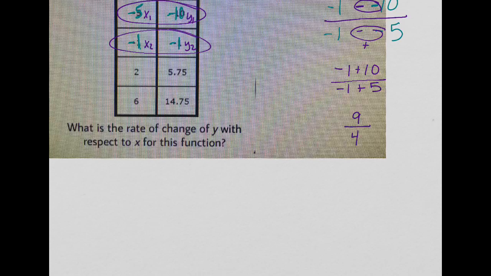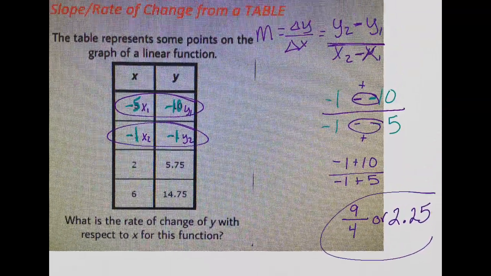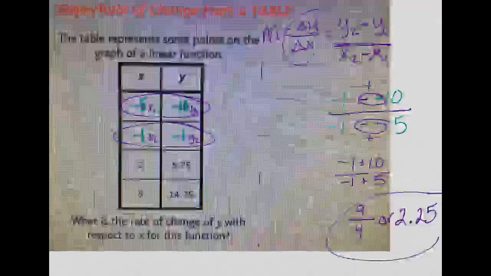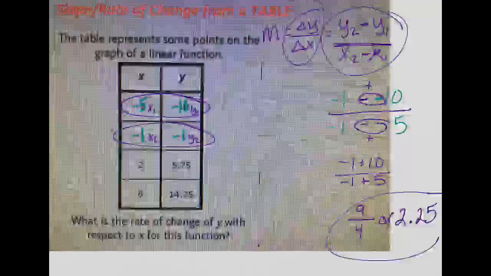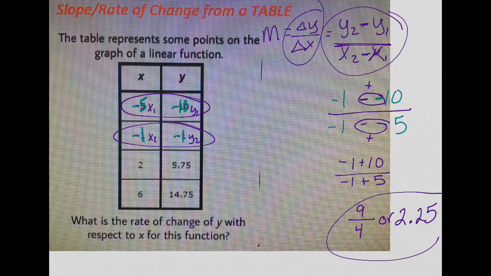And as we saw with the original way of doing the problem, 9 over 4 is as reduced as it gets, or you can leave it as the fraction, or leave it as the decimal, which is equivalent to the fraction, 2.25. So we originally showed you how to use change of y over change in x, and this was a quick example of using the slope formula, y2 minus y1 over x2 minus x1.